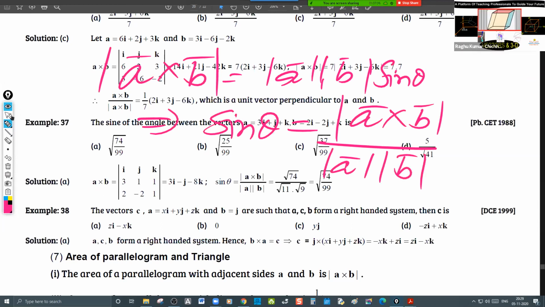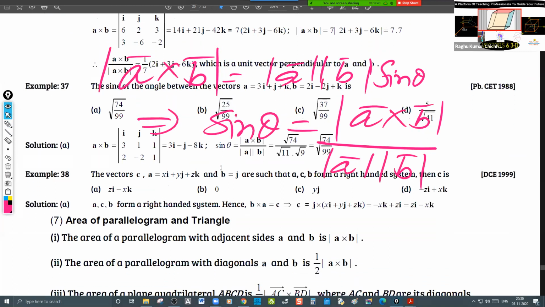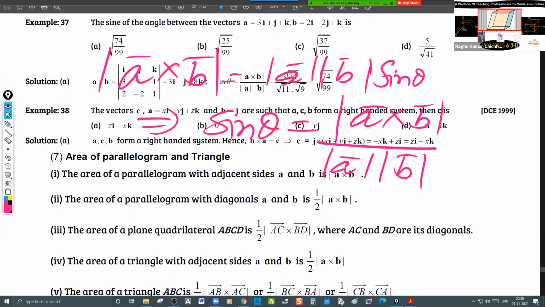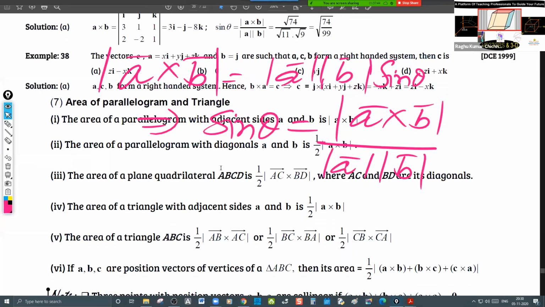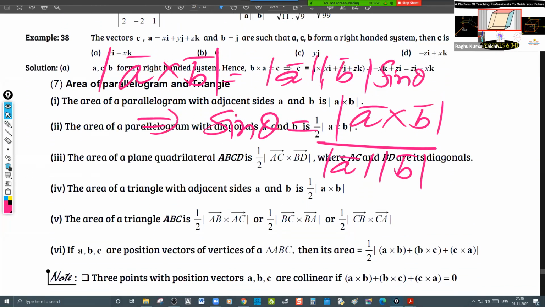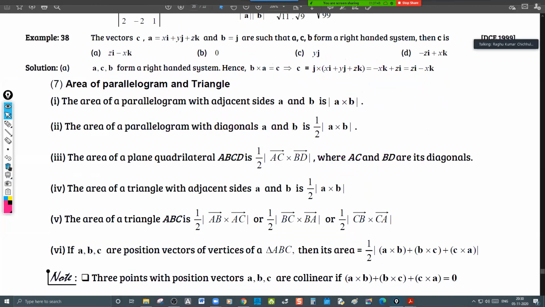Okay, got it. And next part is the geometrical applications of cross product, which is also very important. First, the 38th problem.